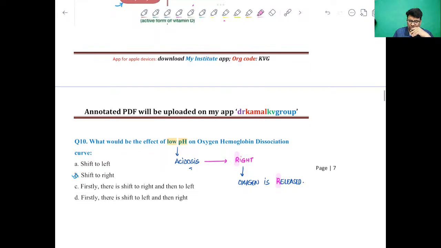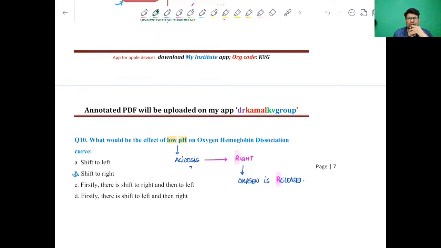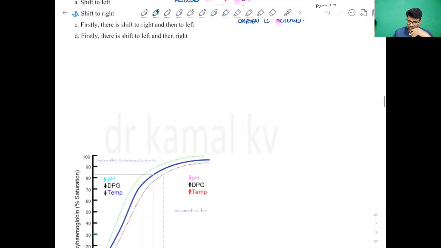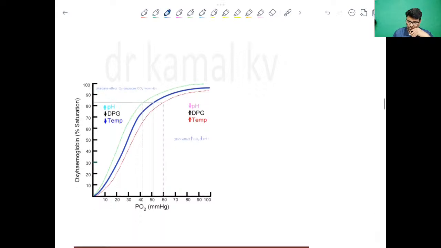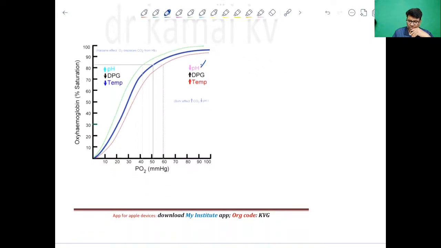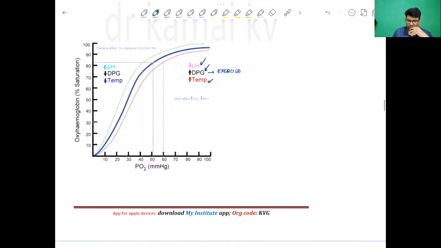So low pH, high CO2, high temperature, high 2,3-diphosphoglycerate, all will shift the curve to right. Low pH and raised diphosphoglycerate are especially seen during exercise. Raised temperature also shifts the curve to right, meaning oxygen will be liberated.